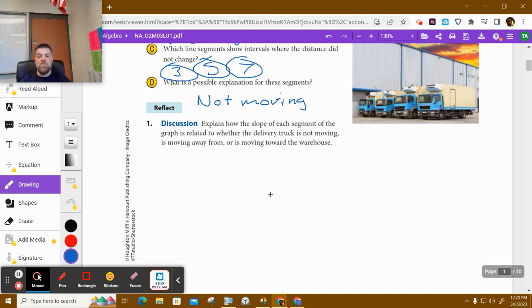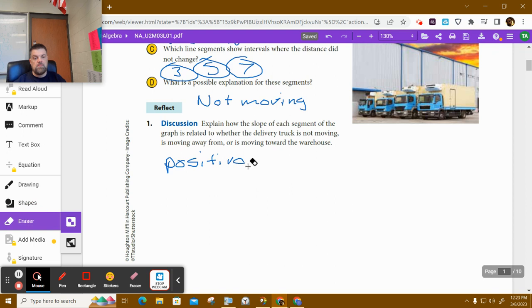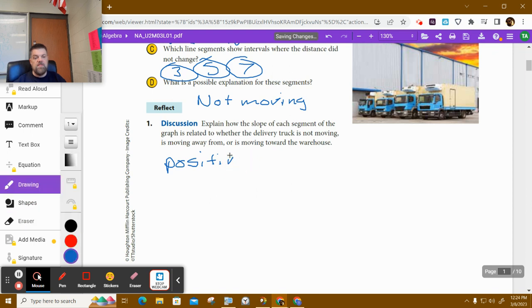Now the next part, it says, explain how the slope of each segment in the graph is related to whether the delivery truck is moving away or moving towards. So I would say positive slope. Remember that a positive slope, in this particular case, meant that you were moving away from the warehouse.